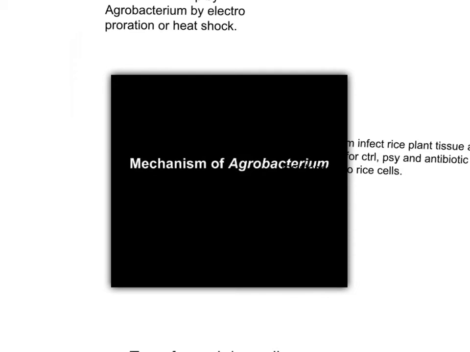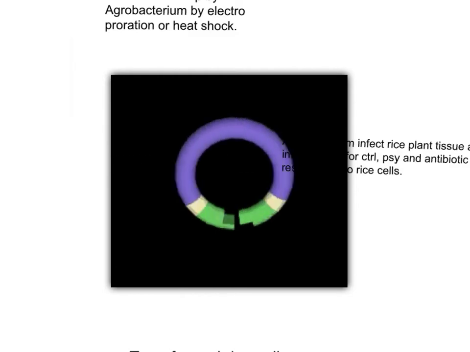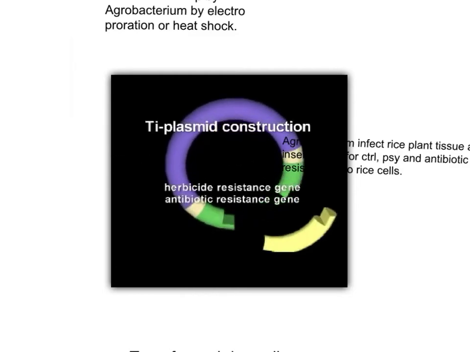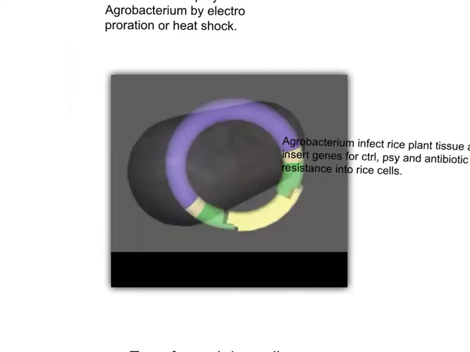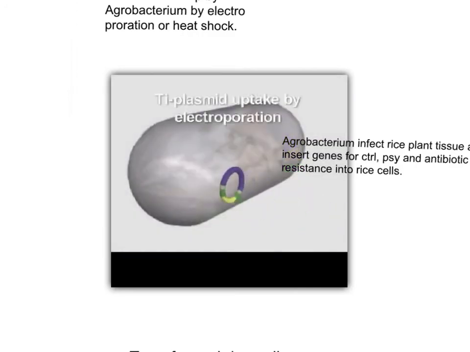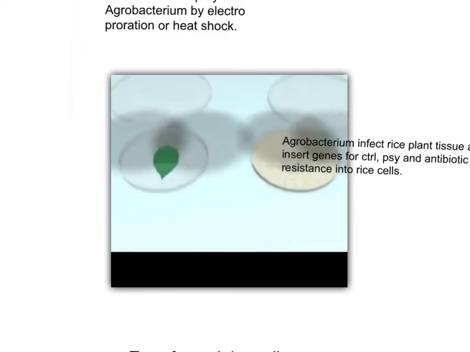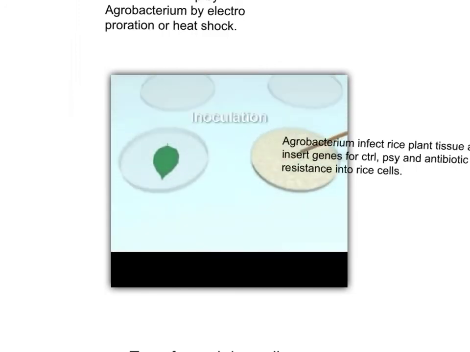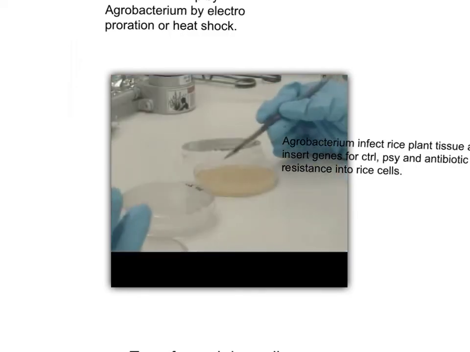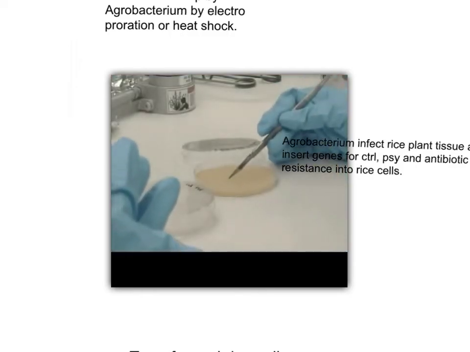This video is an illustration of the mechanism of agrobacterium using the genes for herbicide and antibiotic resistance. The genes are first inserted into the TI plasmid between the left and right borders. Since agrobacterium-mediated transformation is a binary system, the TI plasmid must then be inserted into agrobacterium using electroporation, sonication, heat shock, or some other method.